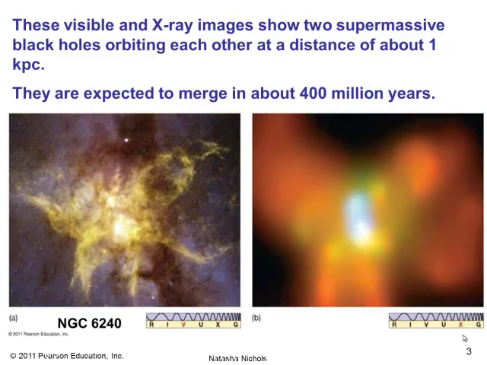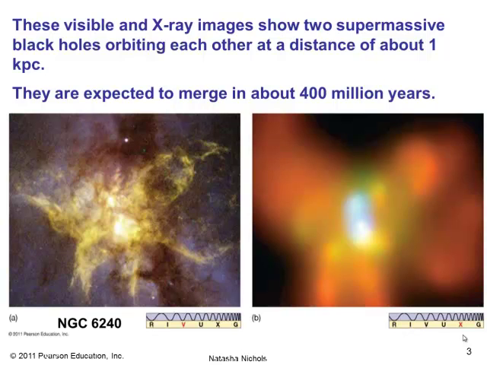Binary black holes. These, frame A, an optical image taken by Hubble, and frame B, an X-ray image taken by Chandra, are images of the starburst galaxy NGC 6240. And as you can see, it shows two supermassive black holes, the blue-white objects near the center of the X-ray image, that are orbiting about 1 kiloparsec apart.